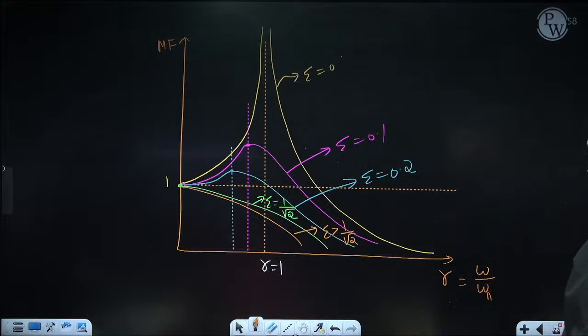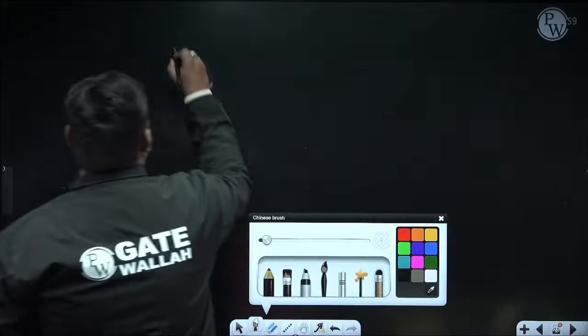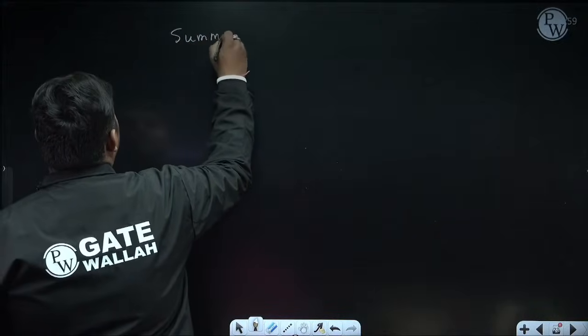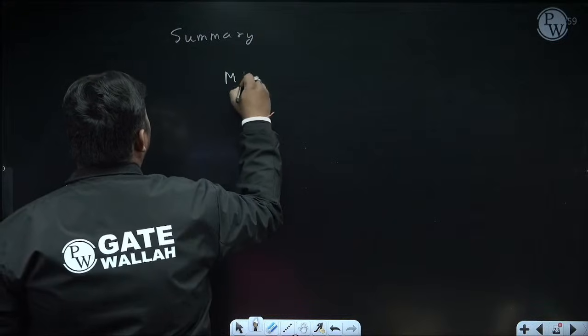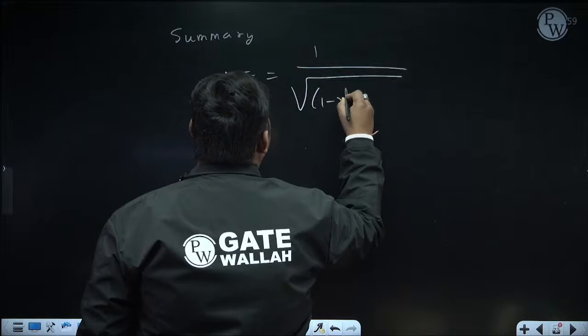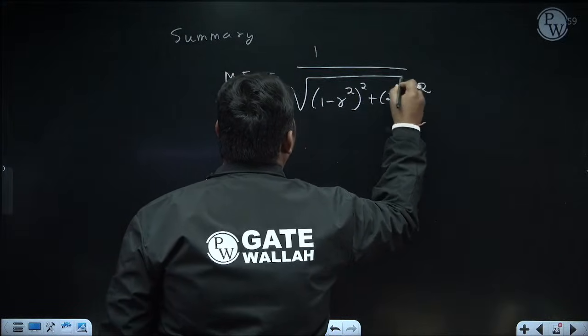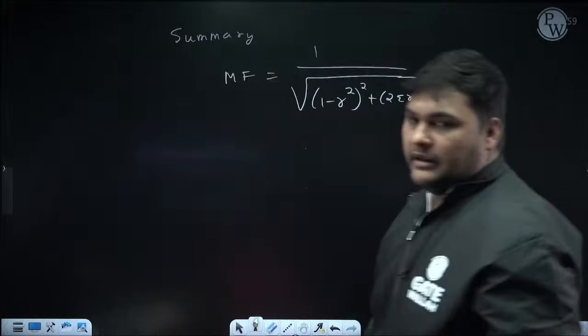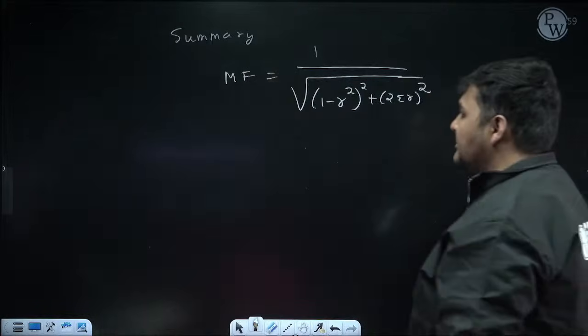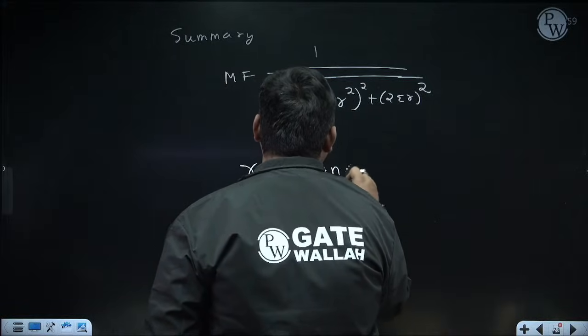Now I am making the summary. You only have to remember the summary. First of all, the summary related to magnification factor. The general equation to calculate MF is 1 upon square root of (1 minus r square) whole square plus (2 zeta r) whole square. Now remember one more point. Sometimes the examiner will ask to calculate magnification factor at resonance.